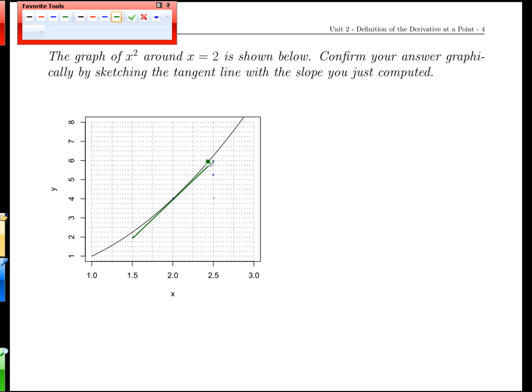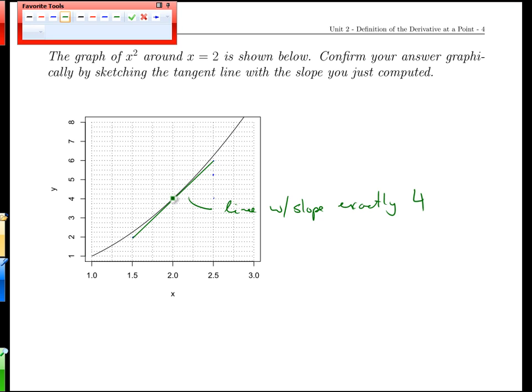There we go. So we can see that at the point x equals 2, by having a line with slope exactly 4, that is what we get as a tangent line to the graph of y equals x squared.